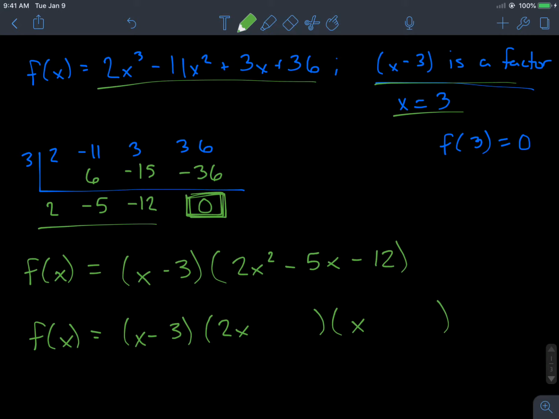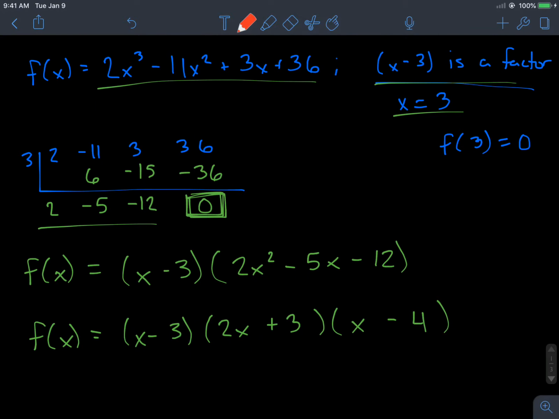We need to multiply to a negative 12, so they have to be opposite signs, but which one goes with which? So if you pause and play with that for a little bit and get that factored, you should end up with 2x plus 3, x minus 4 is how that factors. Okay, so we've got that factored completely now by using that factor that we were given early on.